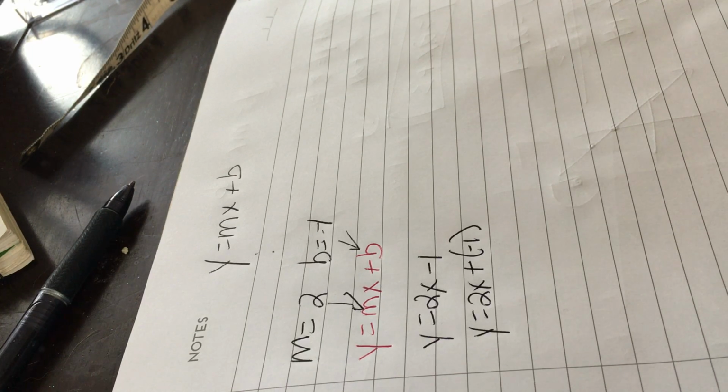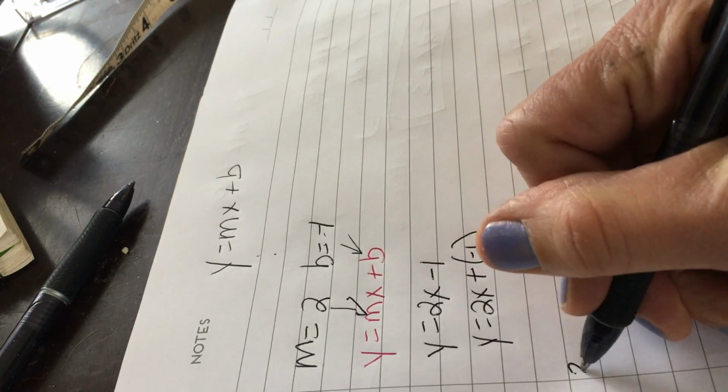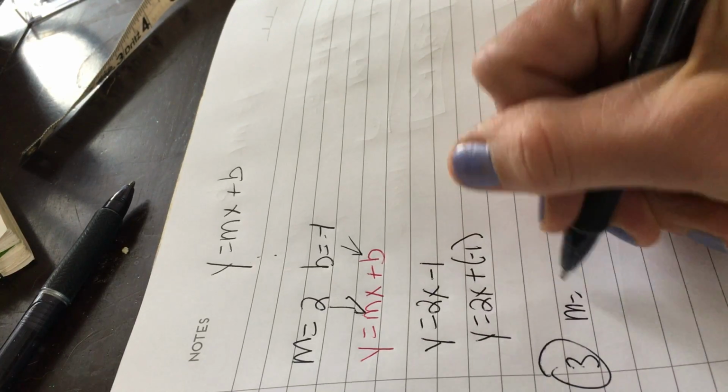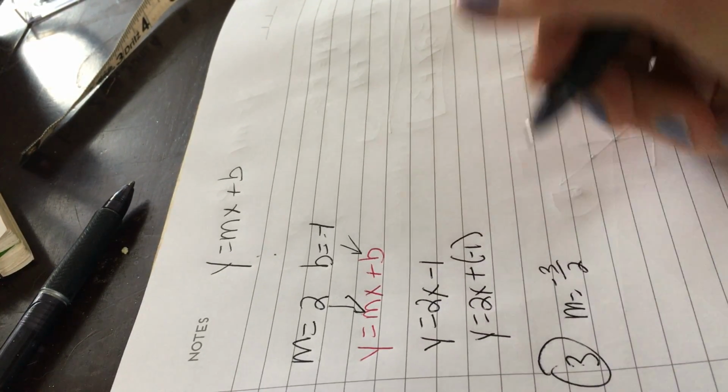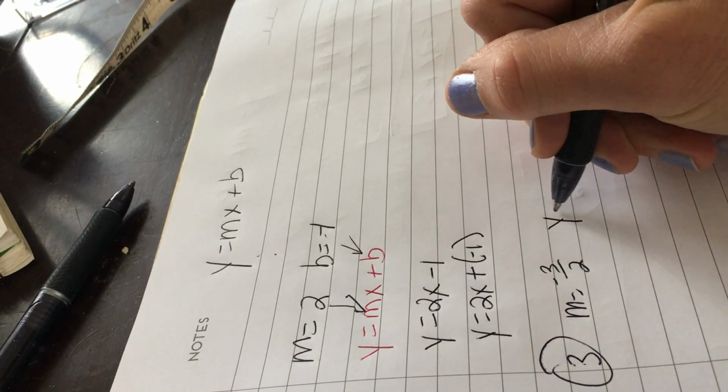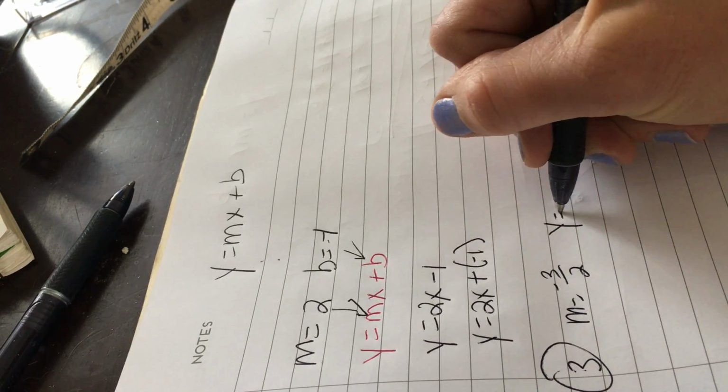Okay. So let's look at number 3 on the blue notes. Number 3 on the blue notes is m equals -3/2. So that's my slope. Now, this is tricky. Not really, but kind of.